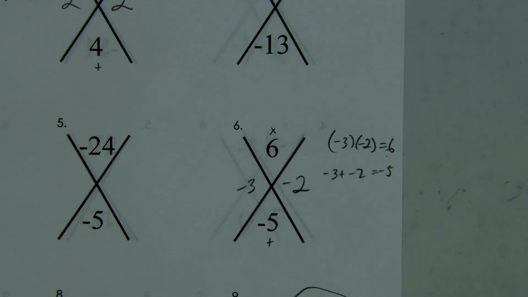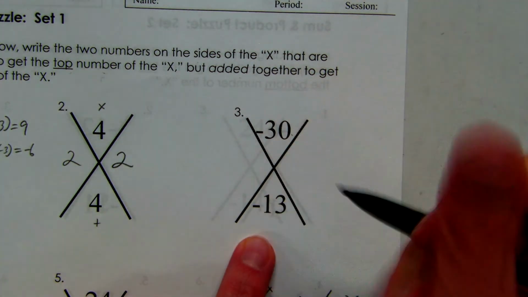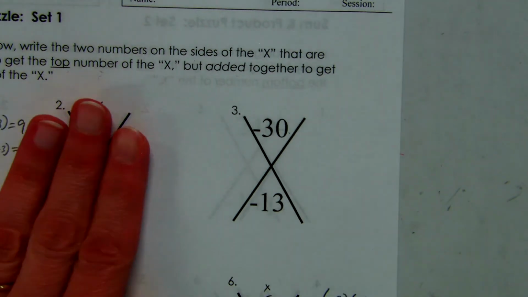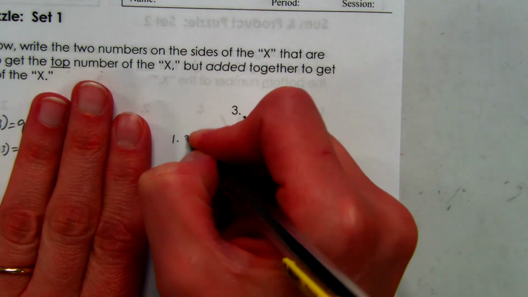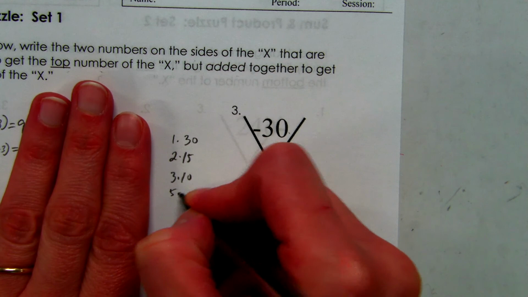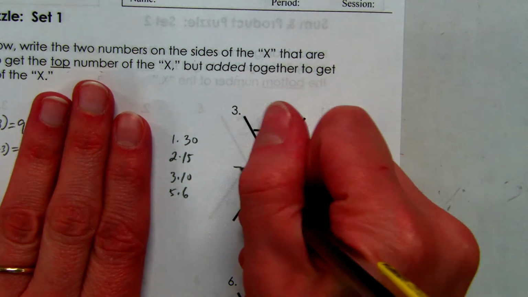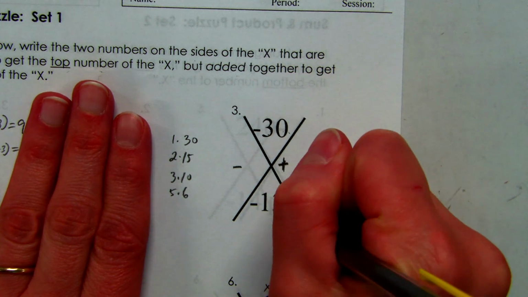Now, when the number you're multiplying is negative, it gets a little bit trickier. So if we go up to number 3, we're multiplying to get negative 30, adding to get negative 13. One way that I've had people look at this in the past is, okay, list all your factors of 30. So I could have 1 times 30, 2 times 15, 3 times 10, 5 times 6. I think that's all of them. If this is negative, one of your answers is negative and one of them is positive, and this number is actually the difference.